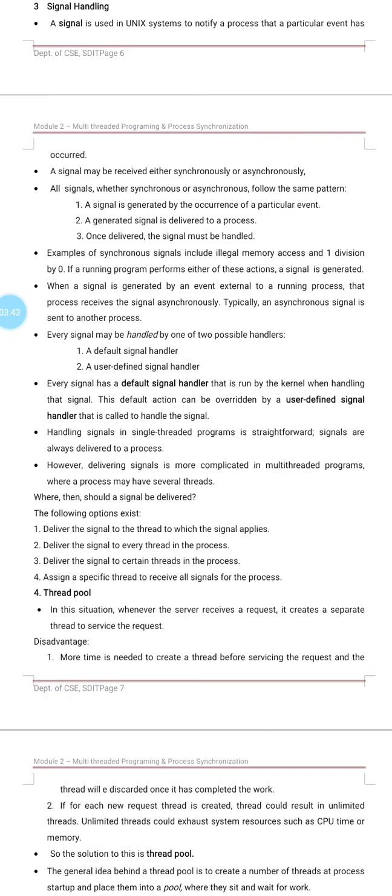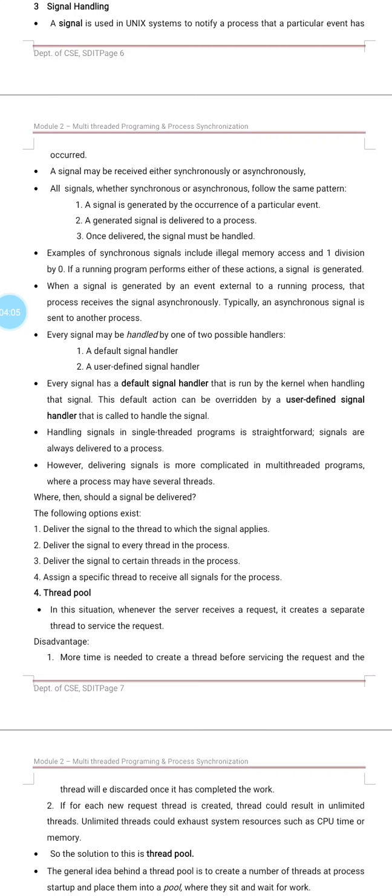Third, deliver the signal to certain threads in the process, whereas in the second case you send it to all the threads. And fourth, assign a specific thread to receive all the signals for a process.